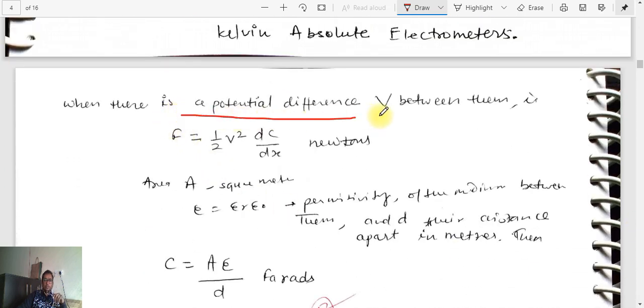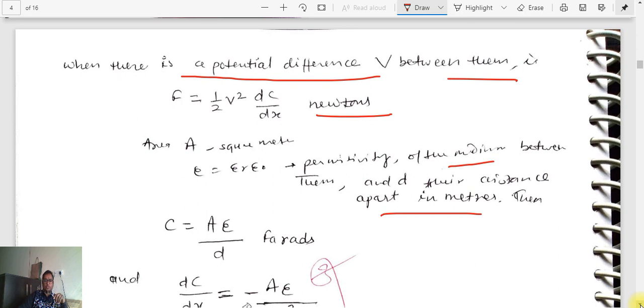When there is a potential difference capital V between them, capital F is equal to half V squared dC divided by dx Newton. A is the area in square meter. Epsilon is equal to epsilon r into epsilon naught, relative permittivity of the medium between them, and d their distance apart in meter.